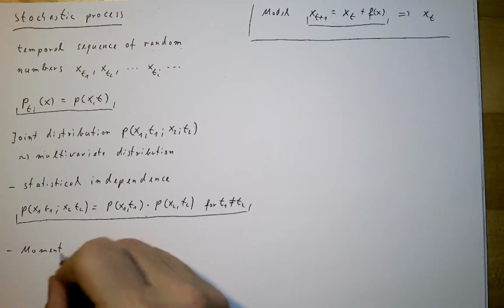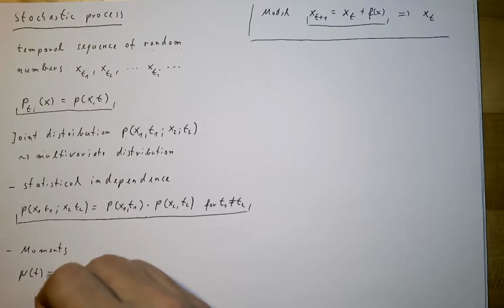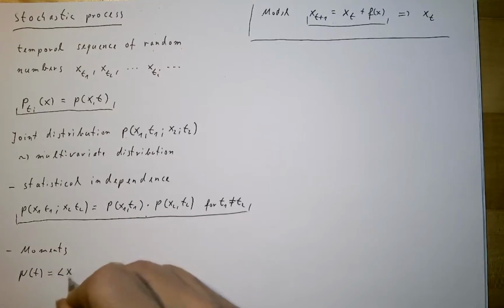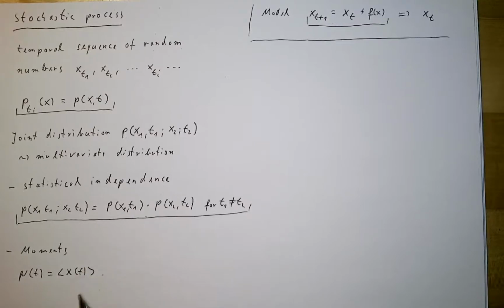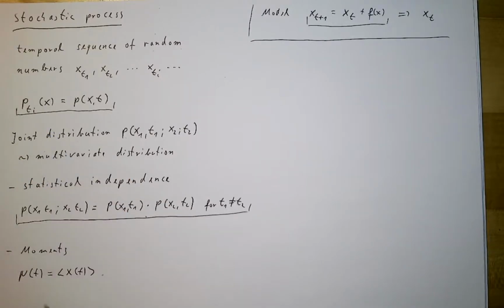And what moments do we calculate? So first, what's the expectation value? That's now a function which depends on time. So the expectation value of x, which depends on time. Sometimes I write the time dependence as a function, sometimes I write an index. It's just a different notation. And so what is this?